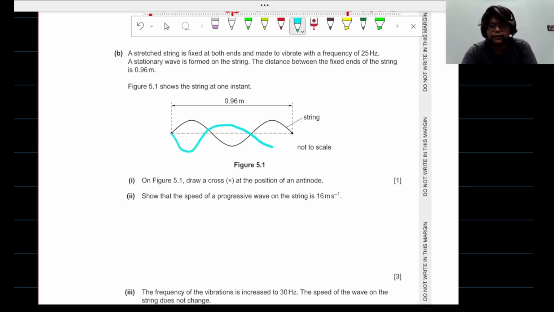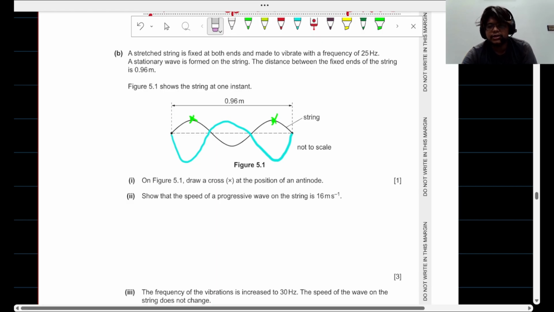We will have loops. This is not a very good depiction, but it is just to give you an idea how the stationary wave looks. The antinode is the point with the highest displacement. So this would be an antinode, any one. So I'll just mark one antinode here.